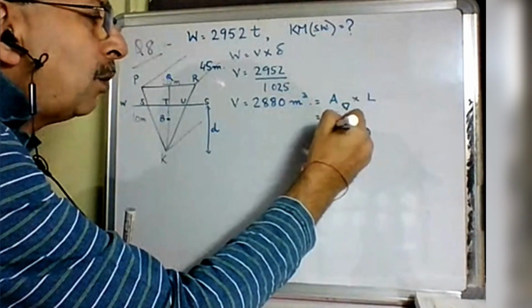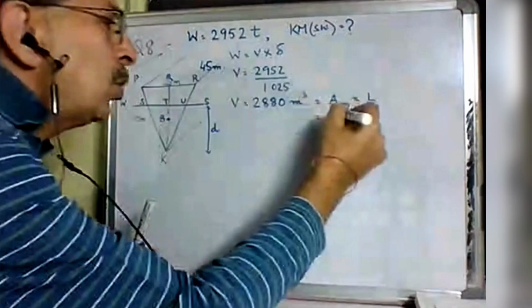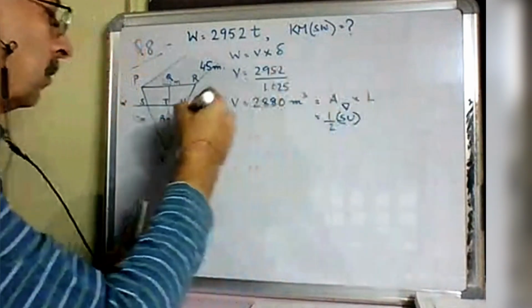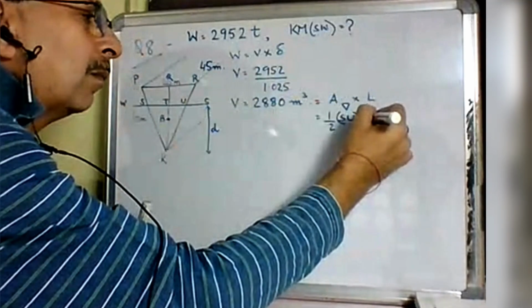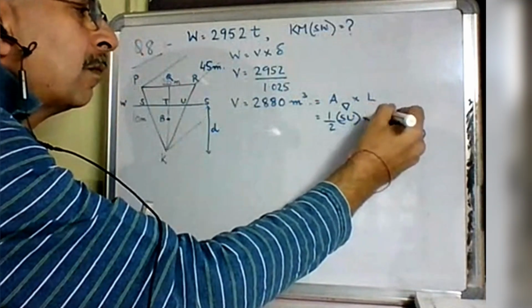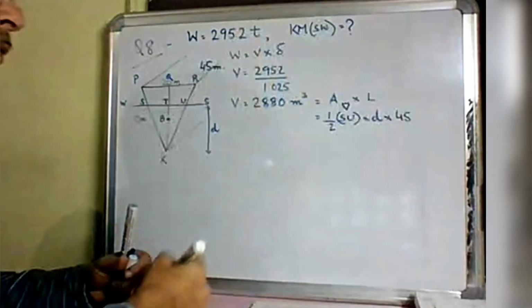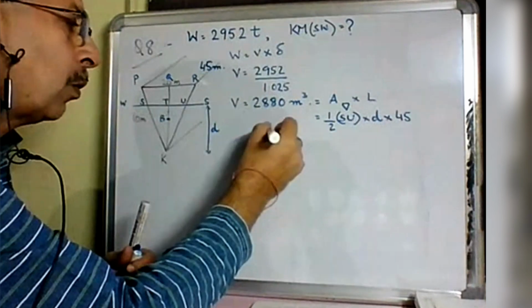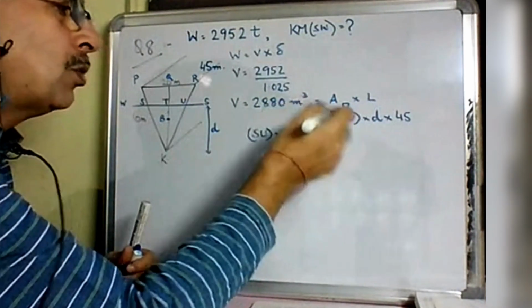Area of the underwater triangle is half into SU into D, into 45. So SU into D is equal to something.